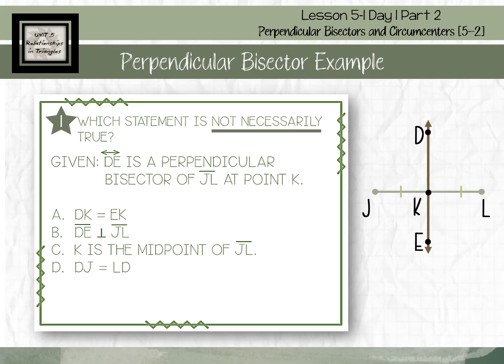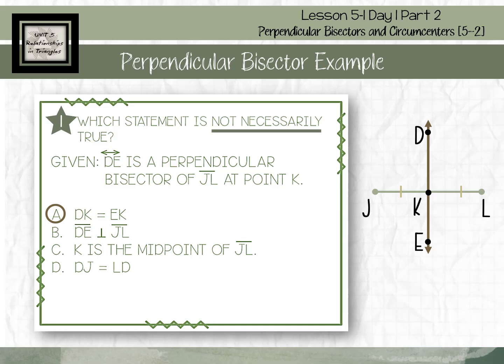So let's look at A. Usually start with the first one, right? Segment DK. Length of segment DK is equal to length of segment KE. We already found our winner for not necessarily true. We do know that they're perpendicular to each other, so B was fine. K is the midpoint of segment JL, yeah.